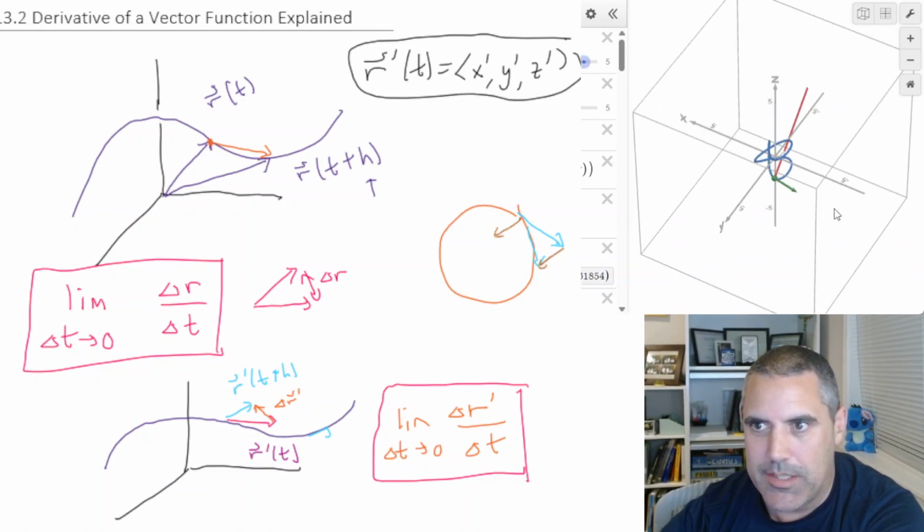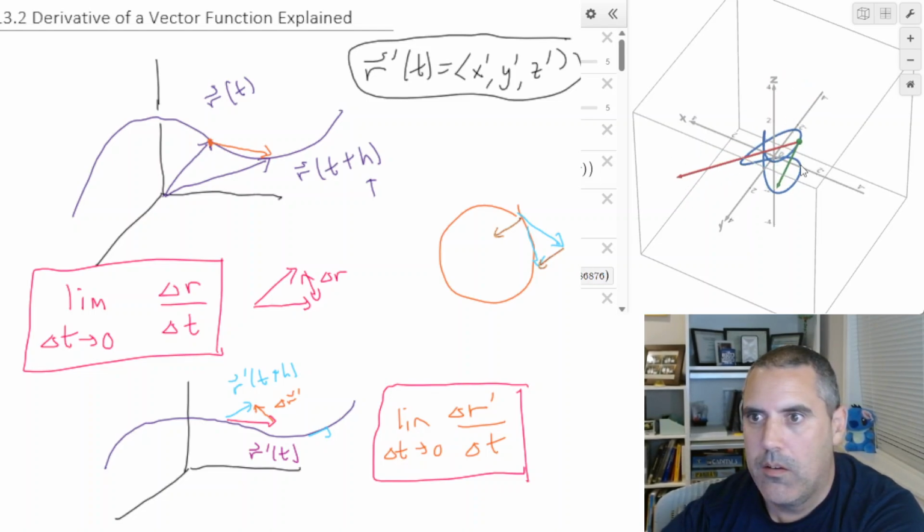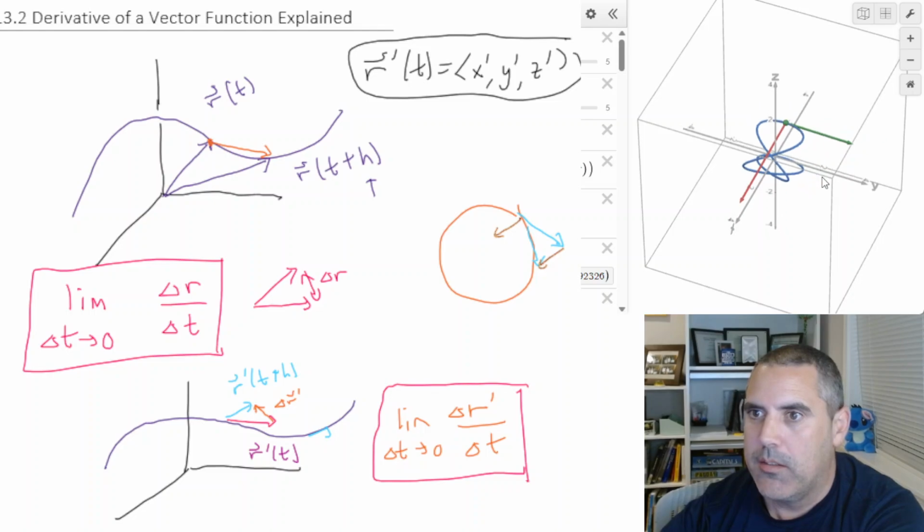Sometimes I think the object is speeding up. Let's see if I can find a spot where it's speeding up. Maybe initially it was there. So when I zoom in, it looks like the acceleration is forward a little bit. So that means in a moment, as I go forward in time, the green vector is going to get longer. I'm speeding up. And then when it drops behind it, like right there, it looks like they're perpendicular.